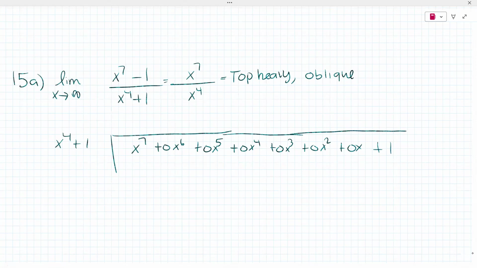Okay, so let's get rid of the x^7. So I've got to multiply it by x cubed, and I'm going to put it above the 0x cubed. So x cubed times x^4 is x^7, and then x cubed times 1 is x cubed. And distribute a minus.